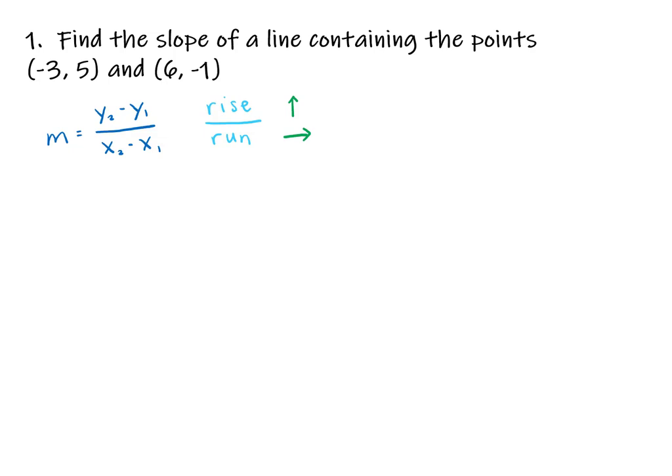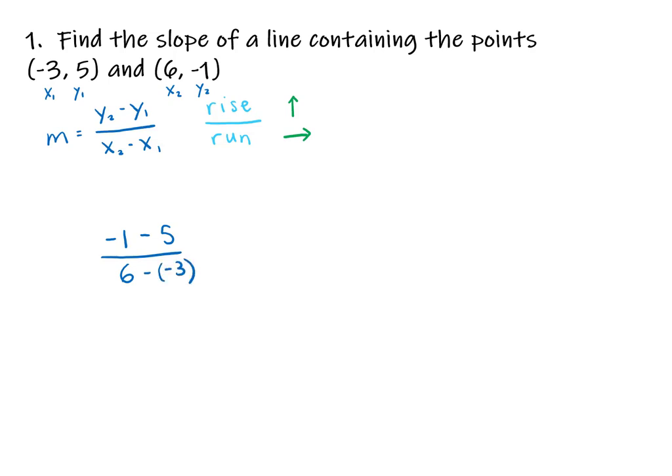It doesn't matter which point you consider x1 or y1. It just matters that you are consistent. So let's call our first point x1, y1, and our second point x2, y2. And so to set this up, I would get -1 minus 5 over 6 minus -3.